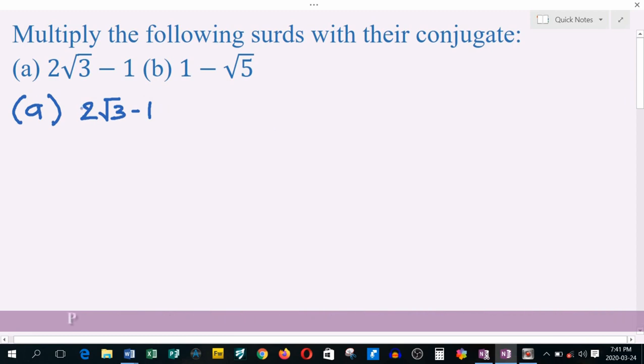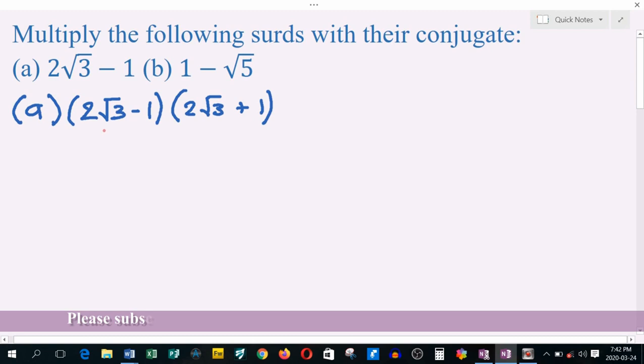Now the conjugate of 2 root 3 minus 1 must be 2 root 3 plus 1. All I need to do is to change the sign of the minus 1 here and make it plus 1. That is the conjugate. So we multiply like we did in the first place.